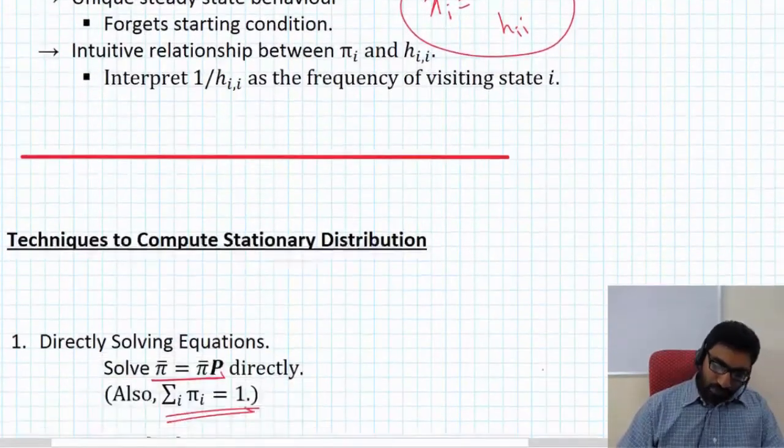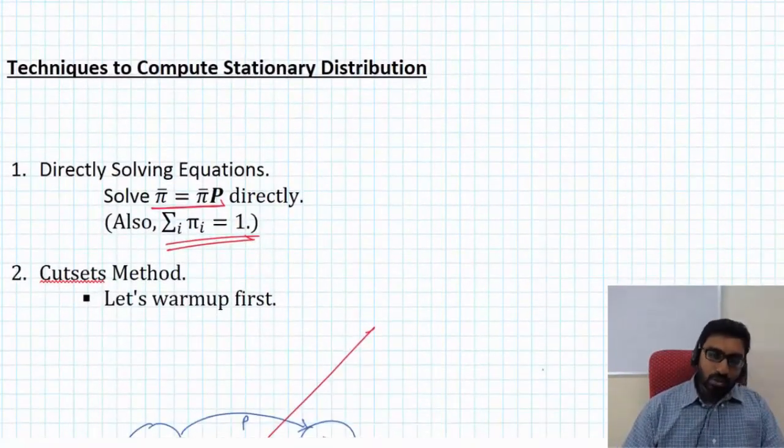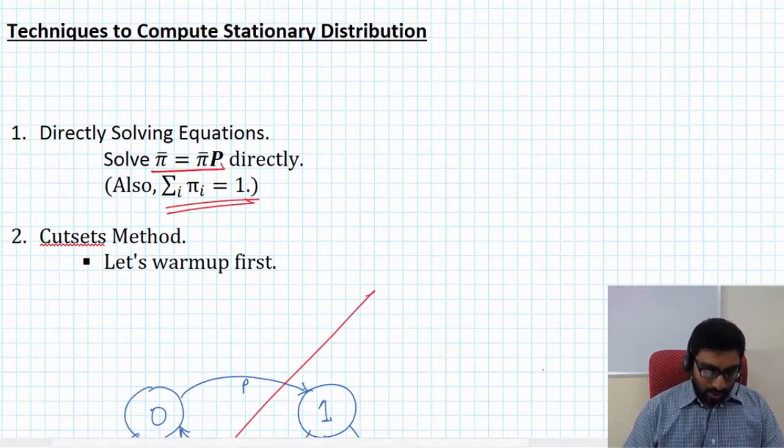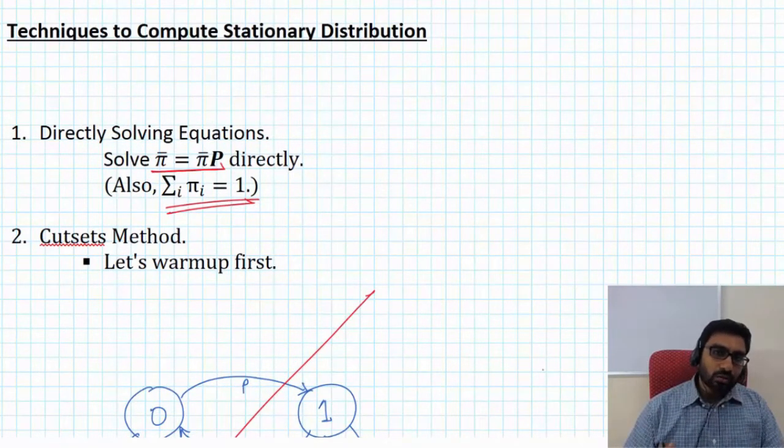Now that we know what a steady state or stationary distribution is, we're interested in computing the stationary distribution, and we have several ways to do that. The most obvious way is to simply solve a system of linear equations directly falling out of the definition of stationary distribution.